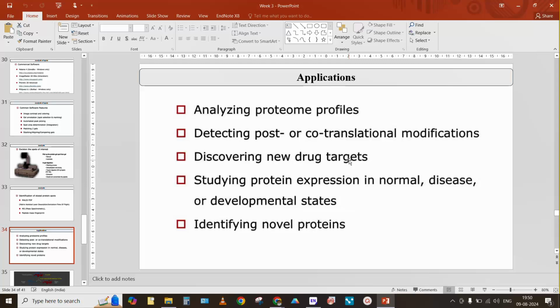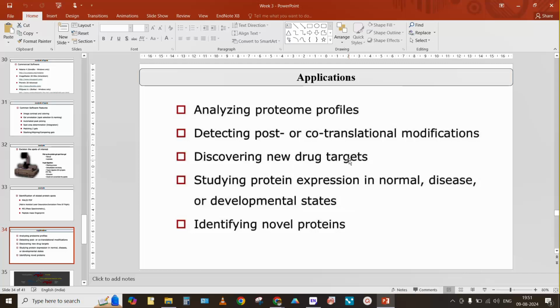Here we can use protein profiling, in which 2D gel electrophoresis is used in proteomics to profile the entire set of proteins, the proteome, expressed by a cell, organism, or tissue. It helps in identifying differences in protein expression under various conditions such as disease states or environmental stress.